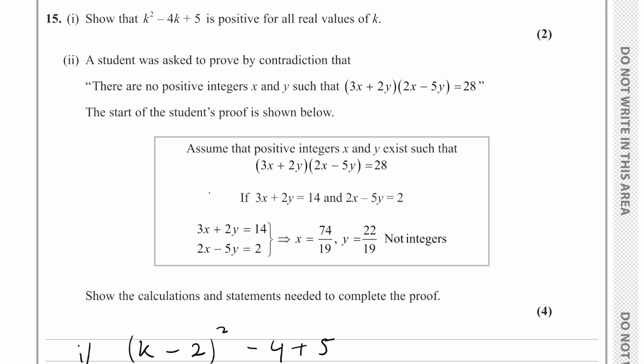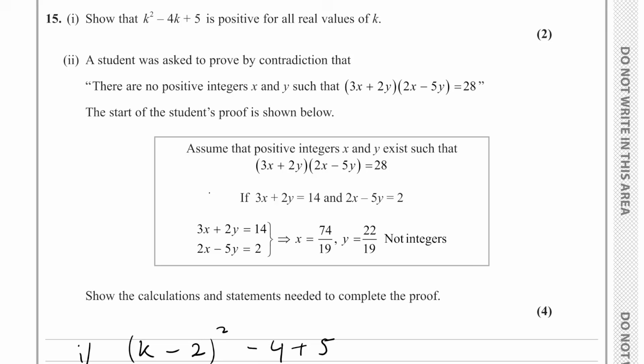If 3x plus 2y is 14 and 2x minus 5y is 2, they're not integers. So x and y are not integers because the simultaneous equations solve to give 74 over 19 and 22 over 19, so x and y are not integers. Show the calculations and statements needed to complete the proof.